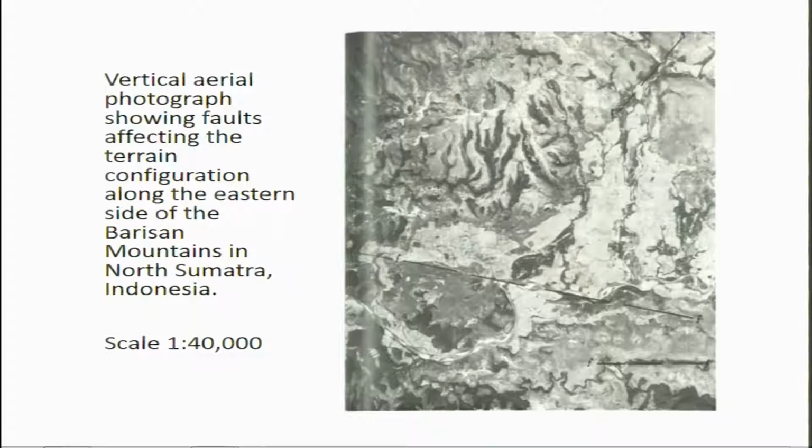In this photograph you will be able to map some faults which have affected the terrain, and the configuration along the eastern side of this terrain is shown in this vertical aerial photograph, where most of the things you can identify very easily, like this cutting or dissection of the geomorphic landforms.